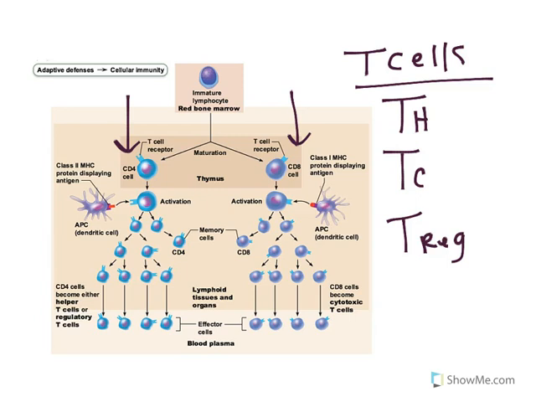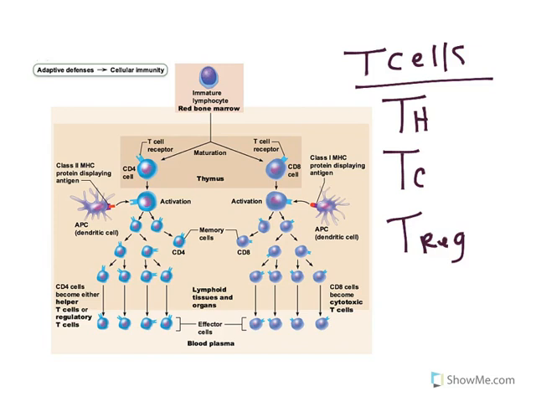These two precursor cells will then eventually become either a helper T cell, or a T regulatory cell, or a cytotoxic T cell, which I've listed over on the right. So these specific types of cells obviously have different functions.